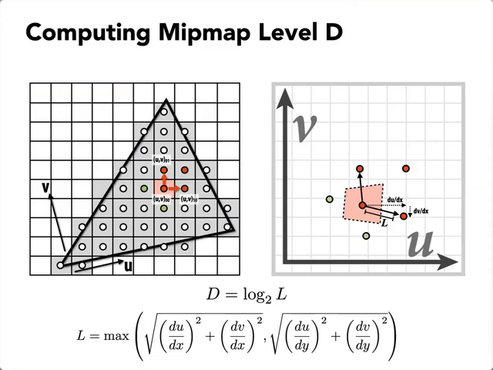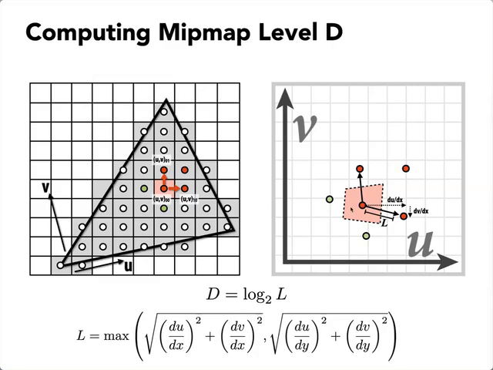So what is L? L is basically a length in pixels at the original resolution, the highest resolution, level 0 texture image. Now, this has to do with these 4 samples in red here that are projected here, and I've chosen one of them, as you can see here. Actually, the convention chosen is the longer one between this vector here and this vector here.